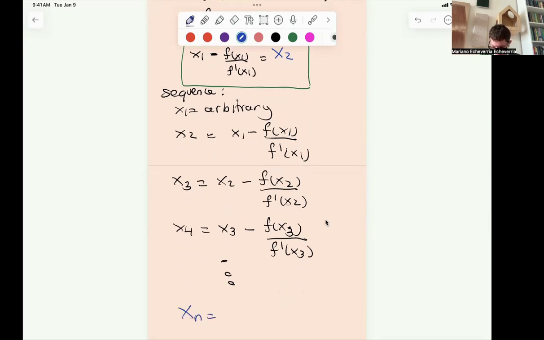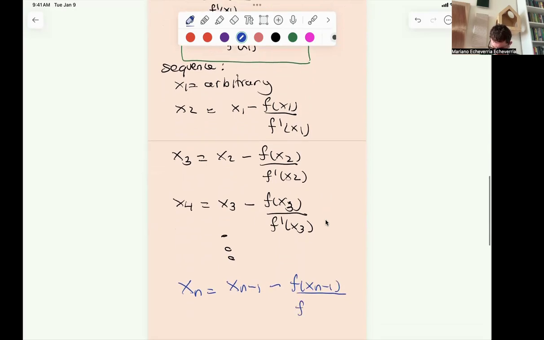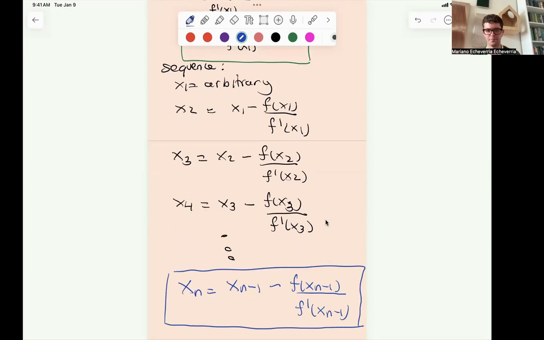The formula for xn would be xn minus 1 minus f of xn minus 1 divided by f prime of xn minus 1. So that is the formula for the sequence in the Newton method.